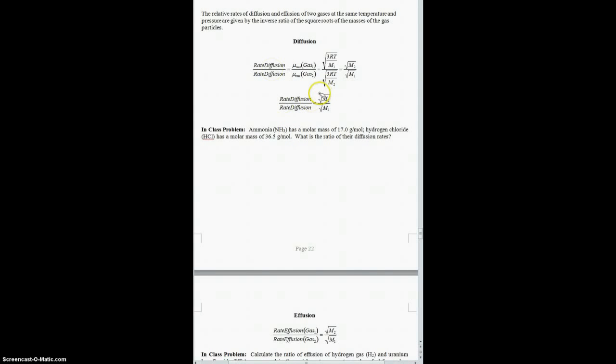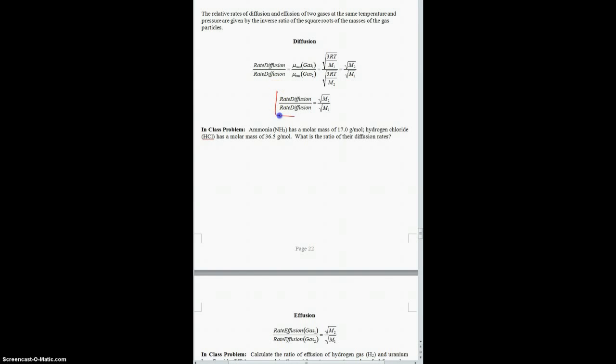When we look down here, this is really the equation that we're most interested in. Remember that when we were talking about the rates of effusion and diffusion, we were only setting them proportional to the inverse of the square root of the molar mass. That means we aren't actually going to be solving for the precise rates of effusion or diffusion for particular gases.